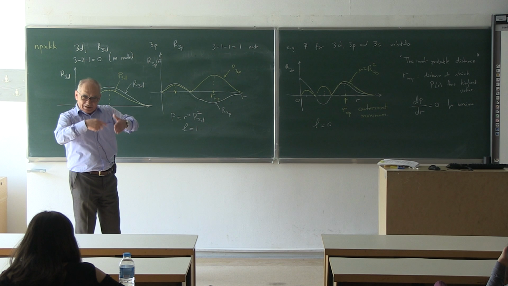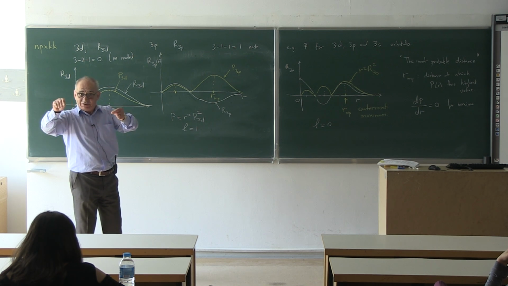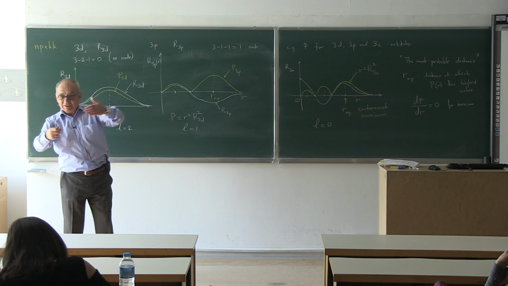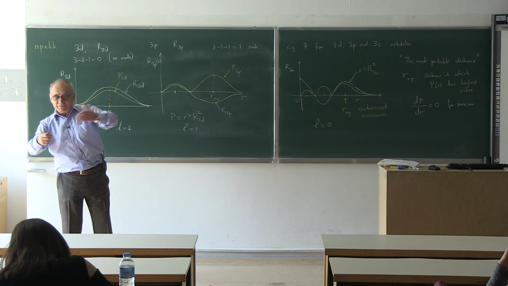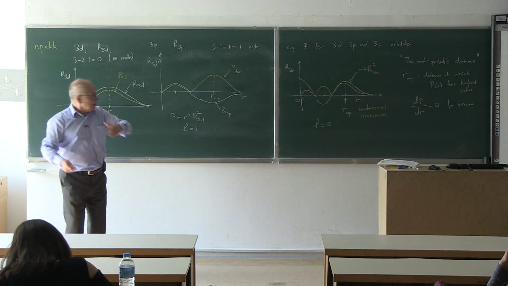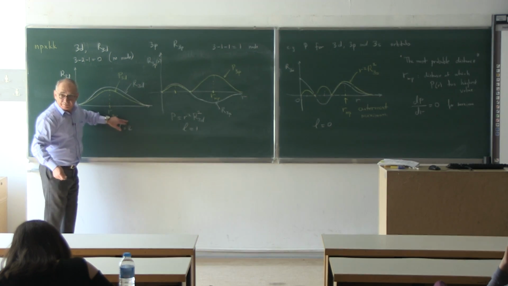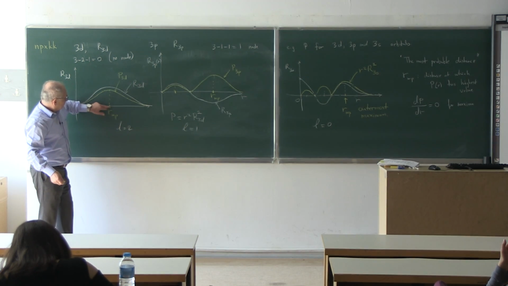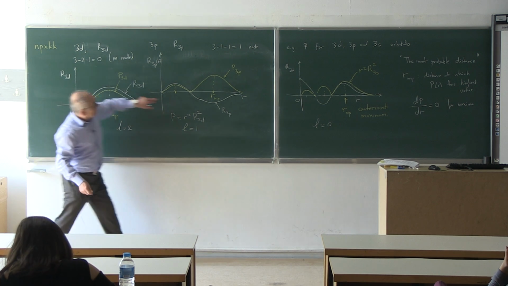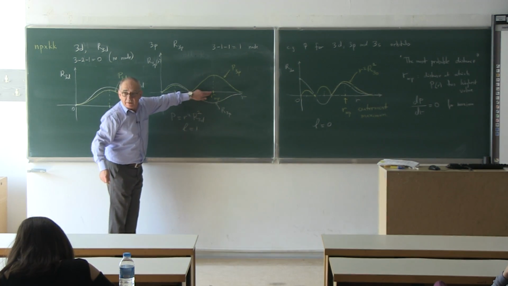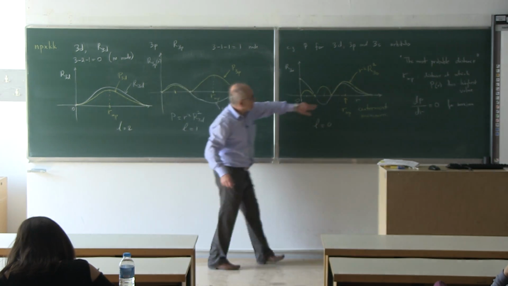As L, let us say it in the opposite way, as L increases, RMP gets smaller, closer to the nucleus. L is largest here. This value is smaller than this value, and this value is smaller than that value.